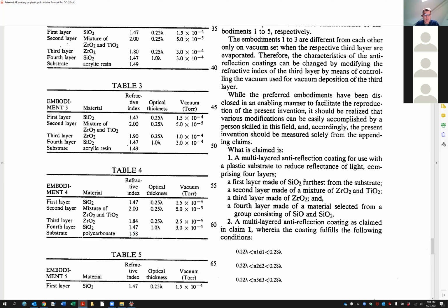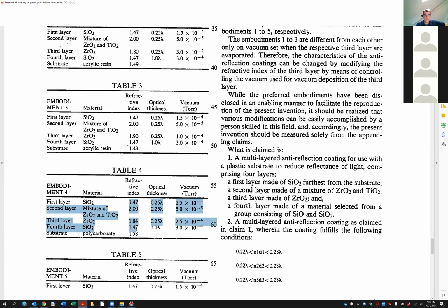Now, they're saying optical thickness of 1/4 of lambda. So if we were designing this for 550 nanometers, the center of the visible spectrum, we just take 0.55 microns and divide by 4, or do we do something else? It would be the wavelength from the vacuum, so 0.550 divided by 1.47, or the 2, or the refractive index.